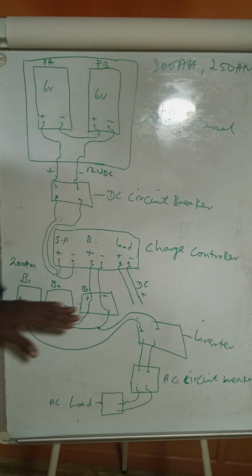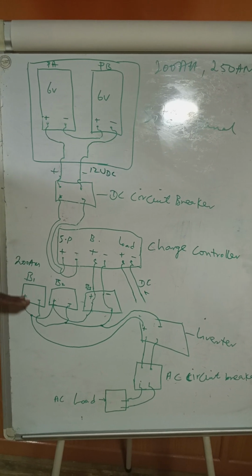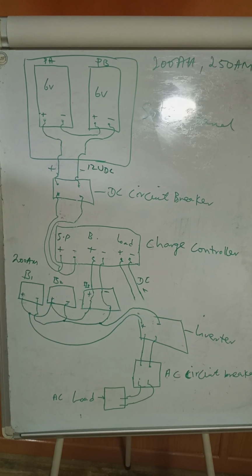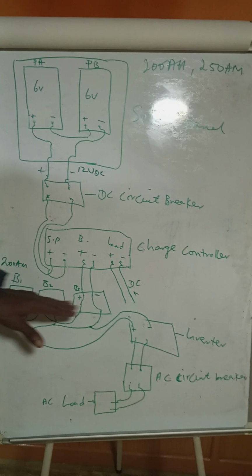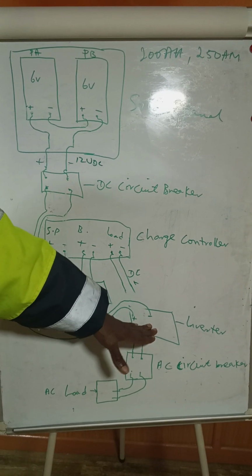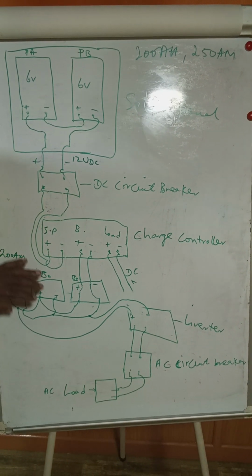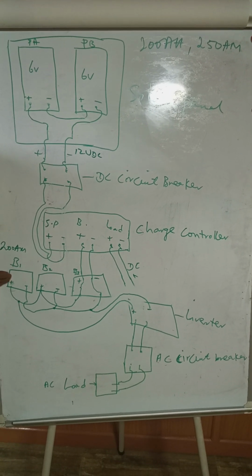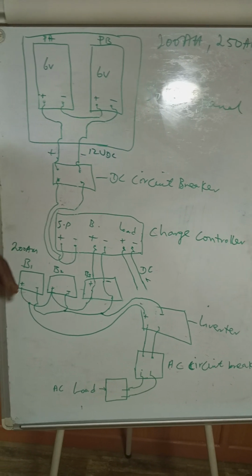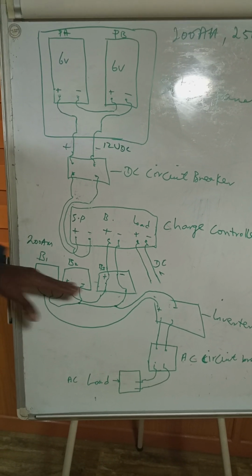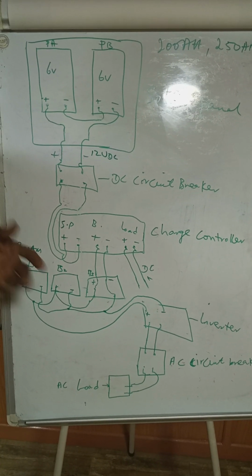I've just explained that the batteries here are connected in parallel in order to have additive current. All of them are 12 volt batteries. Because they are connected in parallel, they are giving you 12 volt direct to your inverter, while your current capacity is being increased. Each of the batteries is rated 200 amp hours, that is ampere hour, and 3 of them will give you 600 ampere hour.